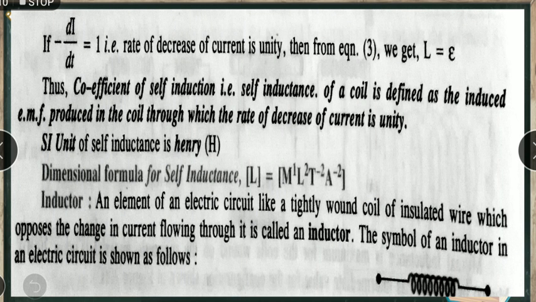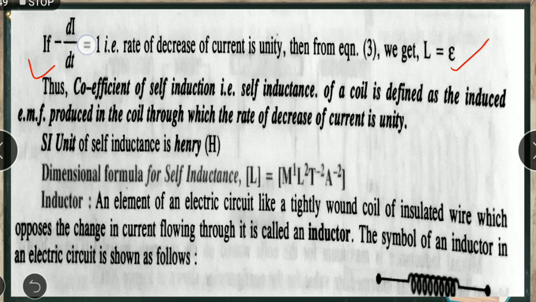Next, if the value of dI by dt is equal to 1, what do we get? L is equal to E. So here the self-inductance is equal to the induced EMF when the rate of change of current decreases in unity. That is, coefficient of self-inductance of a coil is defined as the induced EMF produced in the coil through which the rate of decrease of current is unity.